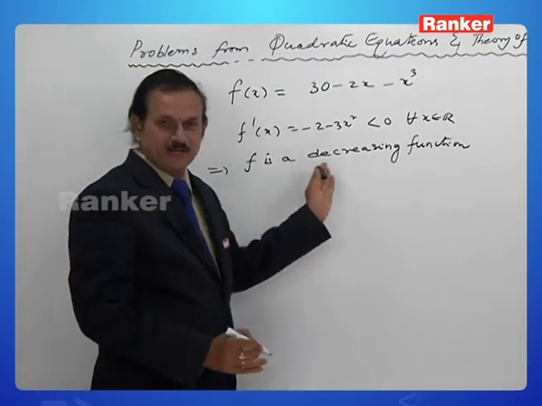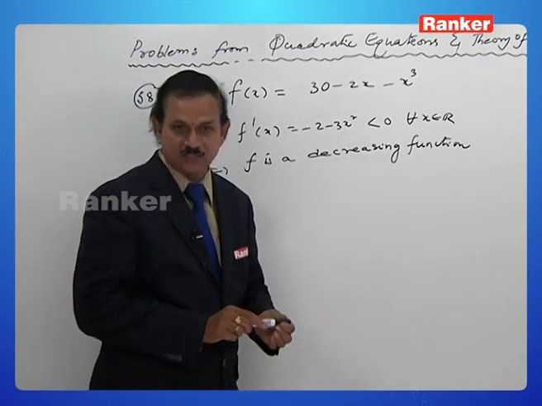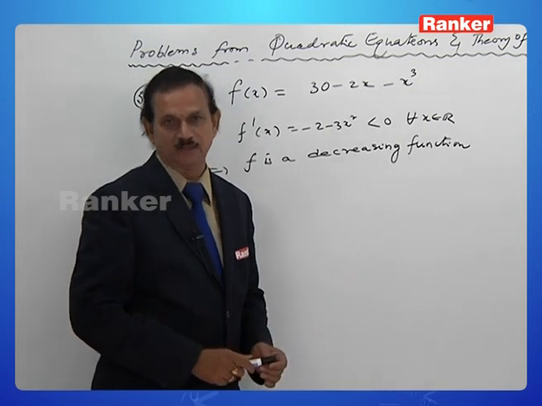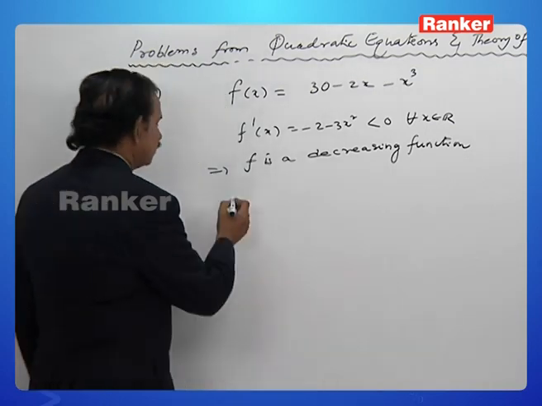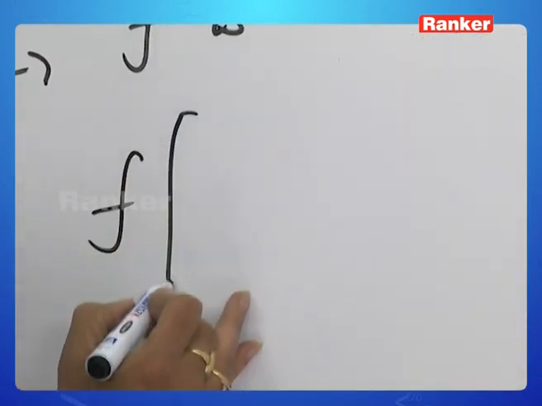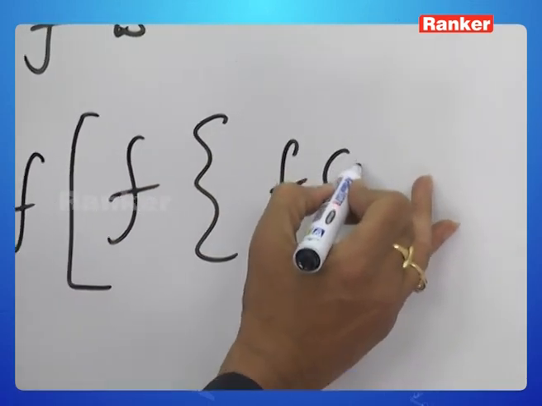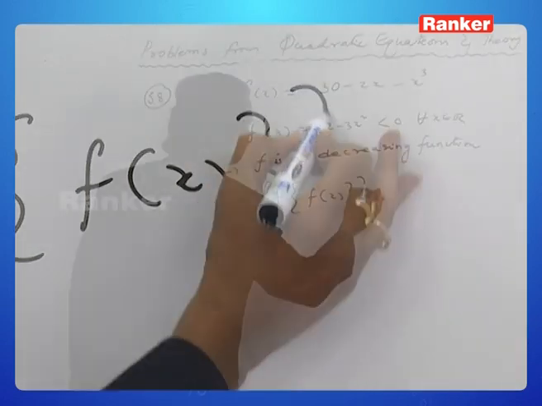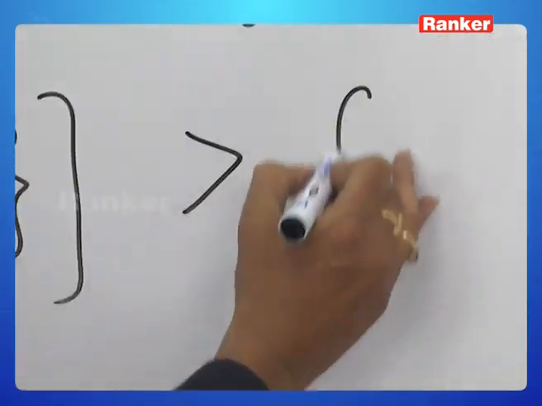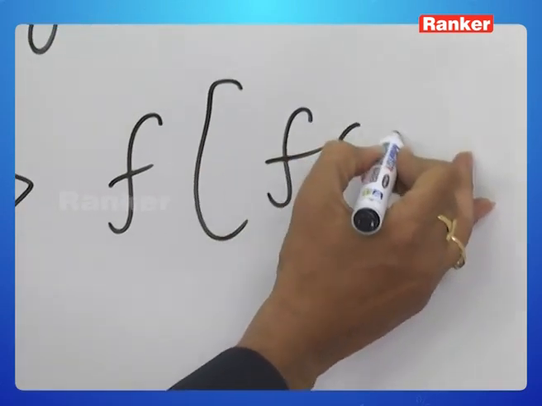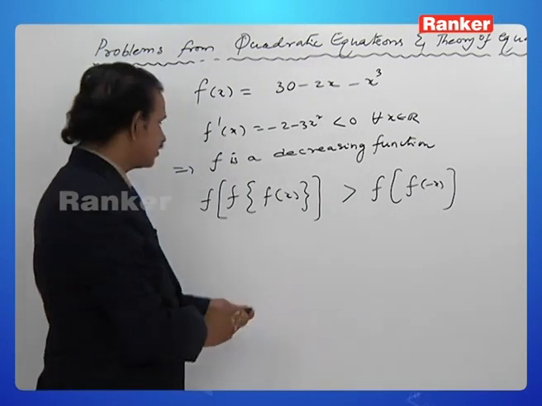This is going to become a strong weapon in our hands, because in the present question an inequality has been given connecting f. Let us make use of that. What is the inequality given? F of x is greater than f of minus x. Now, this is a decreasing function.